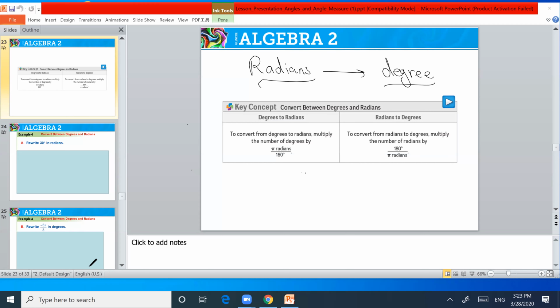First, if we have an angle with degree measure, and here an angle with the radian measure. Always the degree measure is related to 180 degrees, or half cycle, as you see.